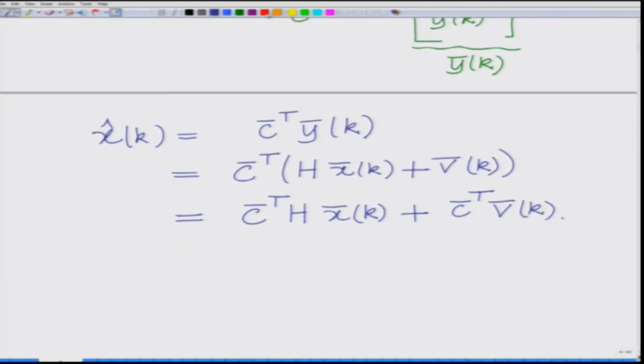And now, to achieve equalization, for perfect equalization this vector C bar transpose H should ideally be the vector 0 0 1 0. If it is not exactly 0 0 1 0, we would like to approximate the vector 0 0 1 0 as closely as possible, so that it picks xk while it nulls the other symbols xk plus 2, xk plus 1 and xk minus 1. That is the basic idea in this equalizer design.